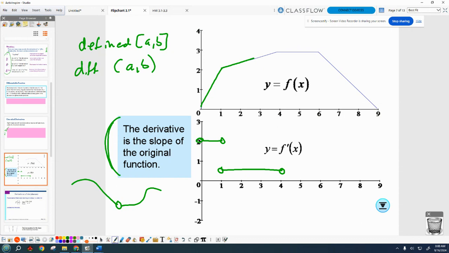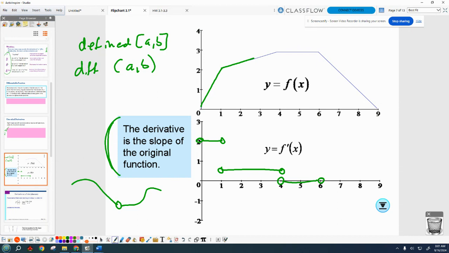Lourdes, what's the slope from 4 to 6? Just a flat line like this. What's the slope? 0? And Julia, the rest of the slope?